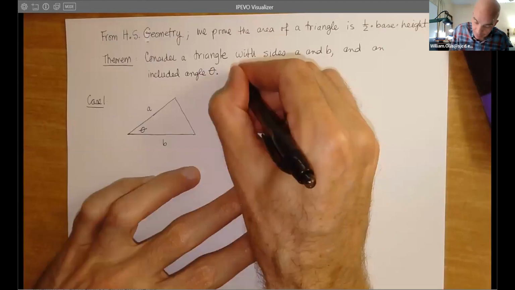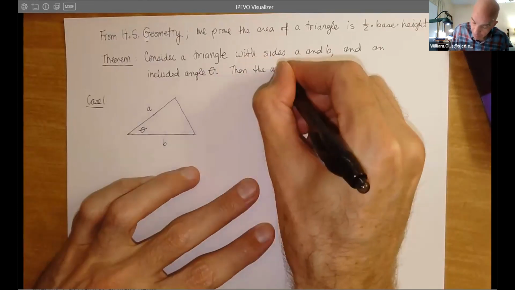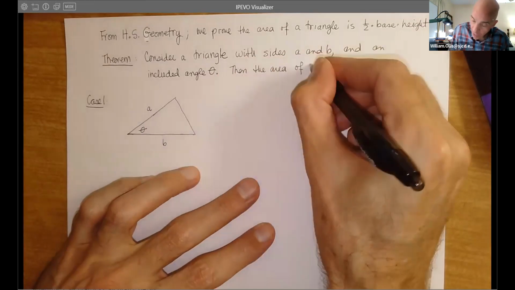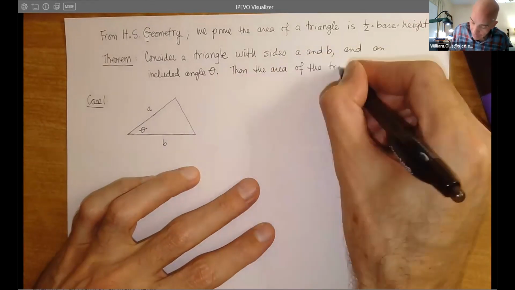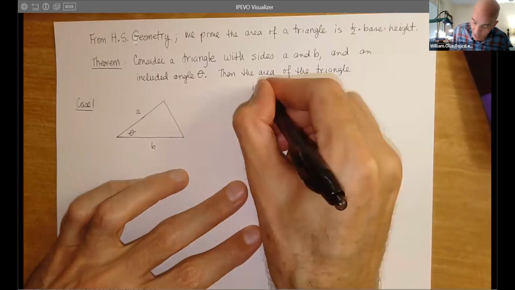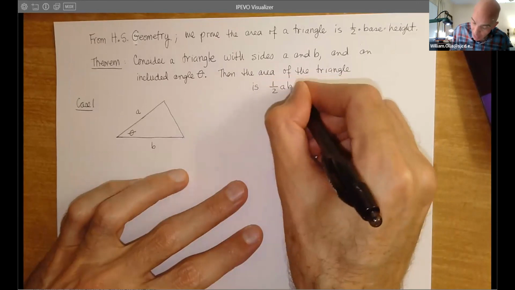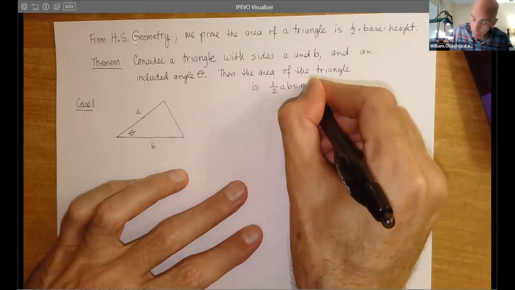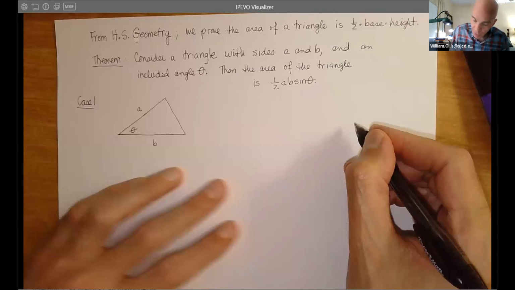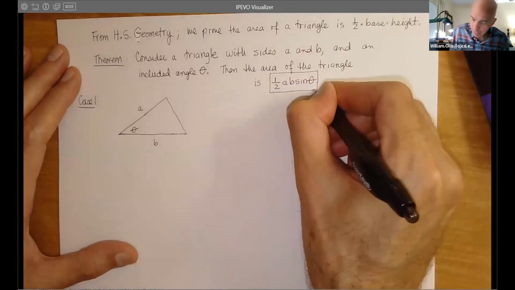Then the area of the triangle is, and not a surprise, 1/2 A times B times the sine of the angle. So we're thinking that looks just like this formula here, Professor Ron.